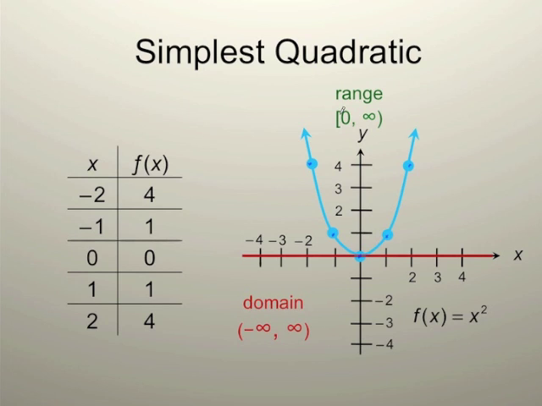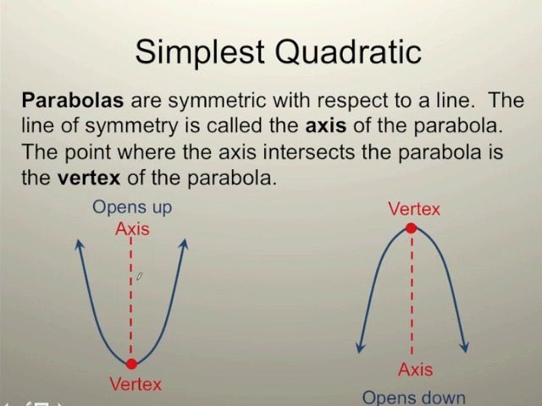The range is from 0 to infinity, and 0 is inclusive since that point, 0, 0, is on the parabola. Parabolas are symmetric. We could fold along this dotted line and they would match up. So they're symmetric with respect to a line, and this line is called the axis of the parabola. The point where the axis intersects the parabola is the vertex, either the lowest point or the highest point.